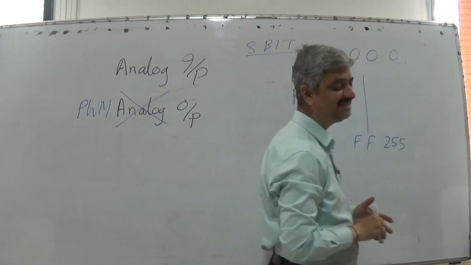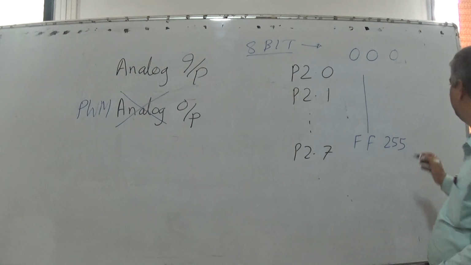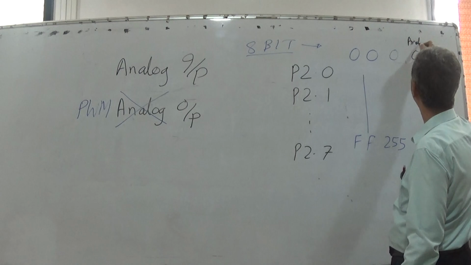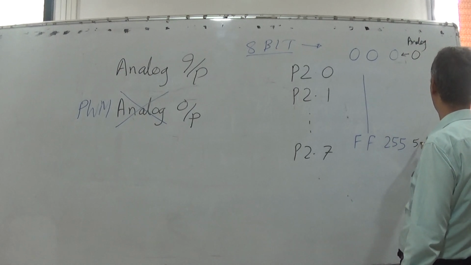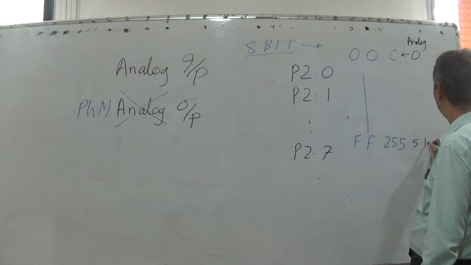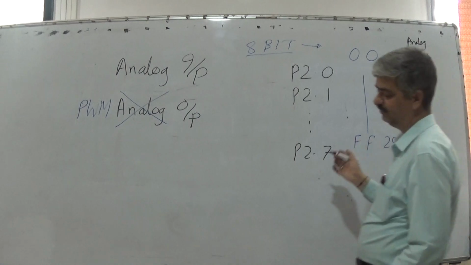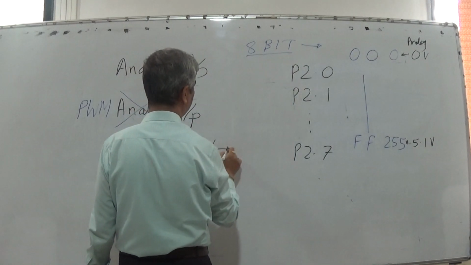So you can set a reference so that for 0 volts analog input you get 0, and for 5.1 volts you get 255. So 5 volts would correspond to 250.